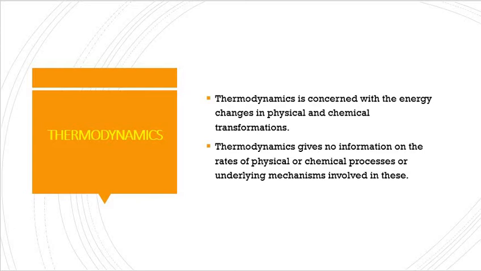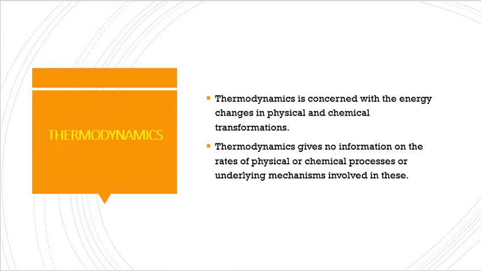For example, the transformation of liquid water into vapor, or solid ice converting into water, or carbon burning to form carbon dioxide. In all these changes, what is happening in terms of energy? Chemical processes like chemical energy being converted into electrical energy, or in electroplating of metals, electrical energy is converted into chemical energy.